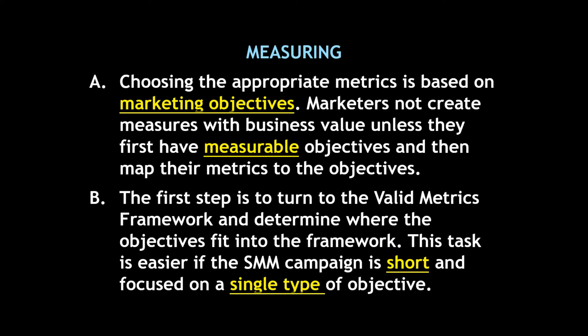It's best to be able to concentrate on one piece of it at a time, so that when you're doing your measuring, it's much more clear as to what you are measuring and how well the measurement is meeting up to the expectations that you have.